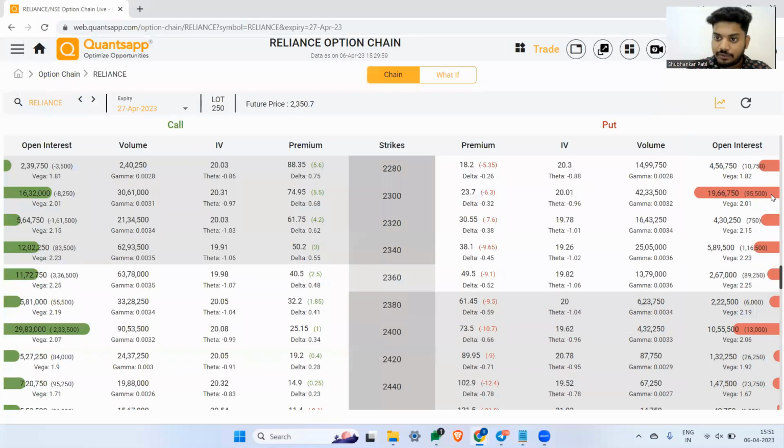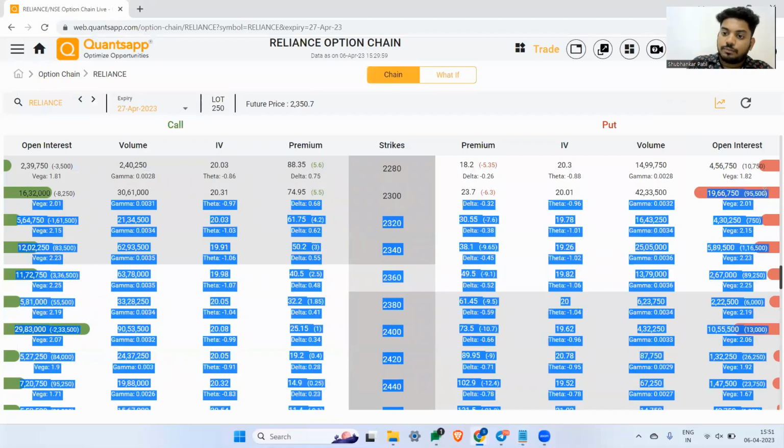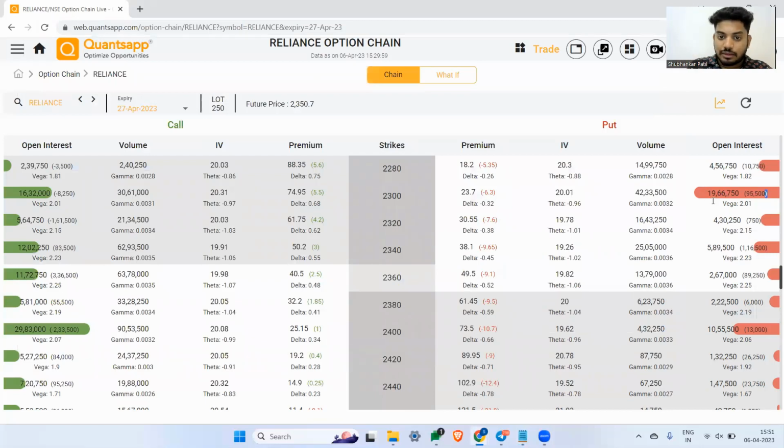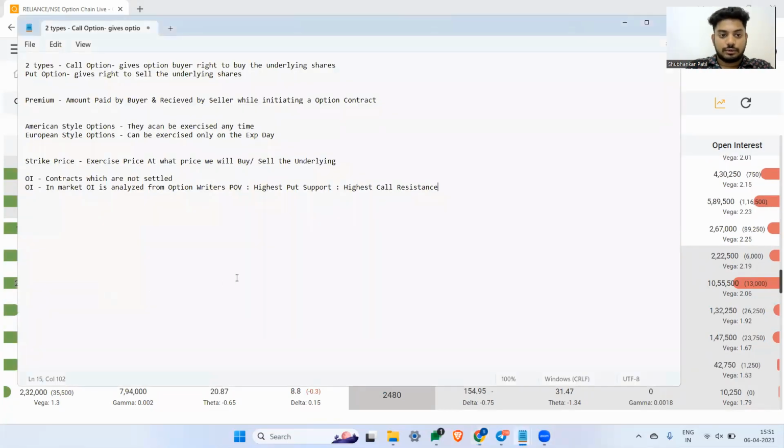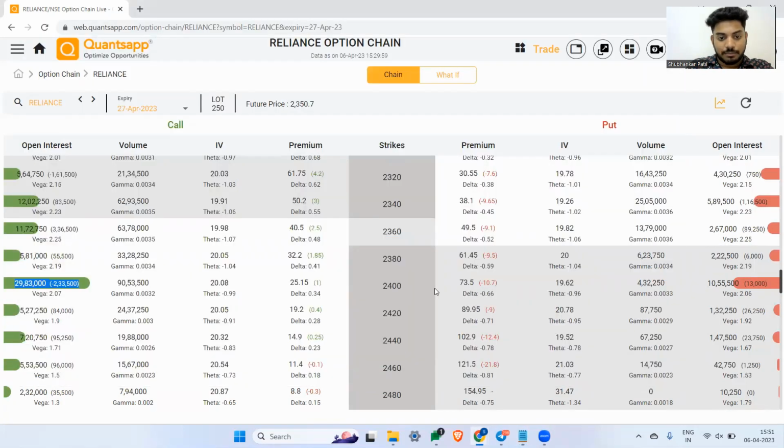On the put side, the OI has been color filled, so the biggest red bar will act like a support. The Reliance support right now is at 2,300. And the resistance is 2,400, because I see the highest call, the biggest green bar, at 2,400. This is how you look at OI. You can easily anticipate the trend.